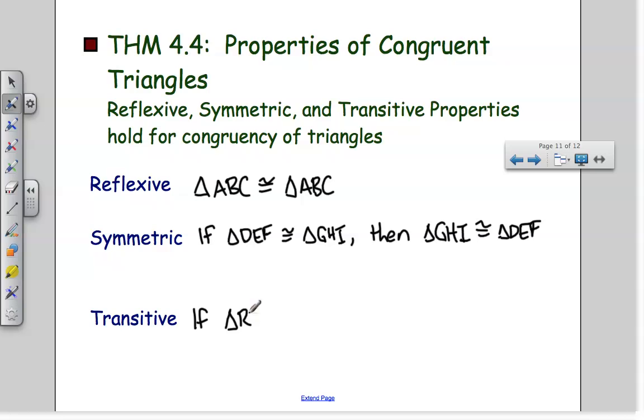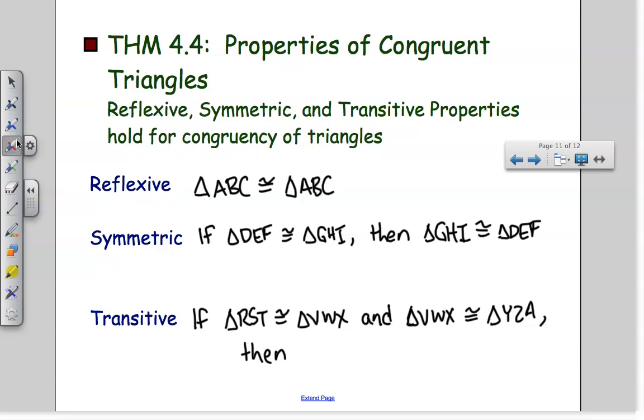So if you knew that triangle RST is congruent to triangle VWX, and you also knew that triangle VWX was congruent to triangle YZA, what's your last statement?